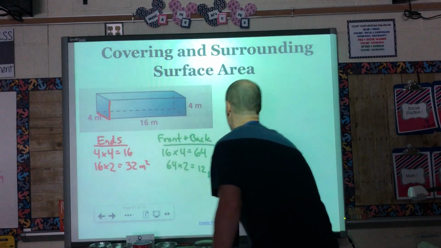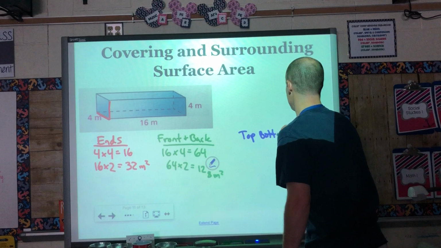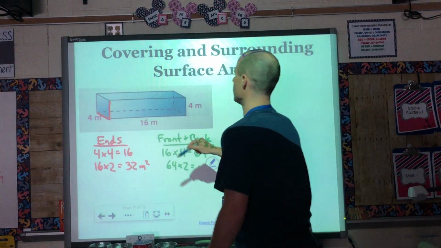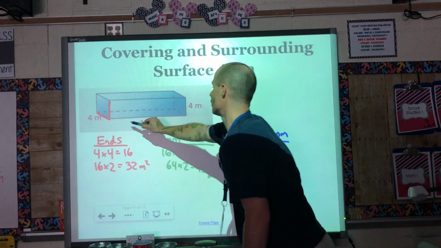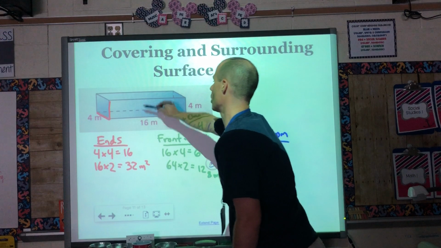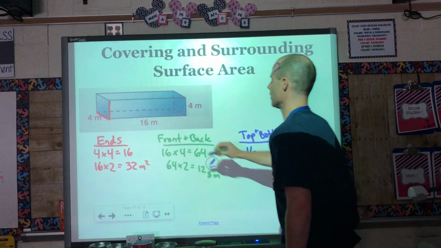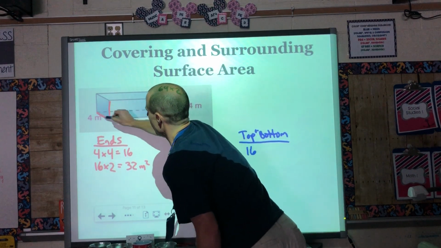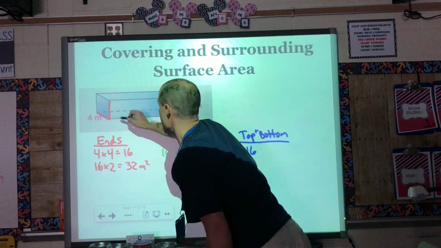So I know I have my top and the bottom. And if we look at the top or the bottom, we can see it still has that length that's shared with the front of 16 meters. So we have 16 for our length. And then we can look here at the width, which is 4, which is the same as one of those ends.